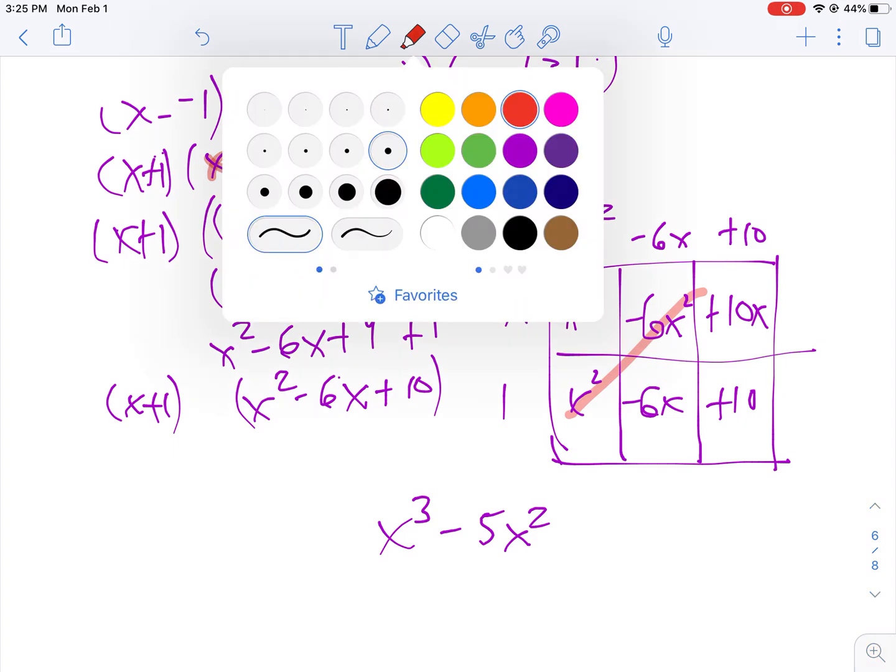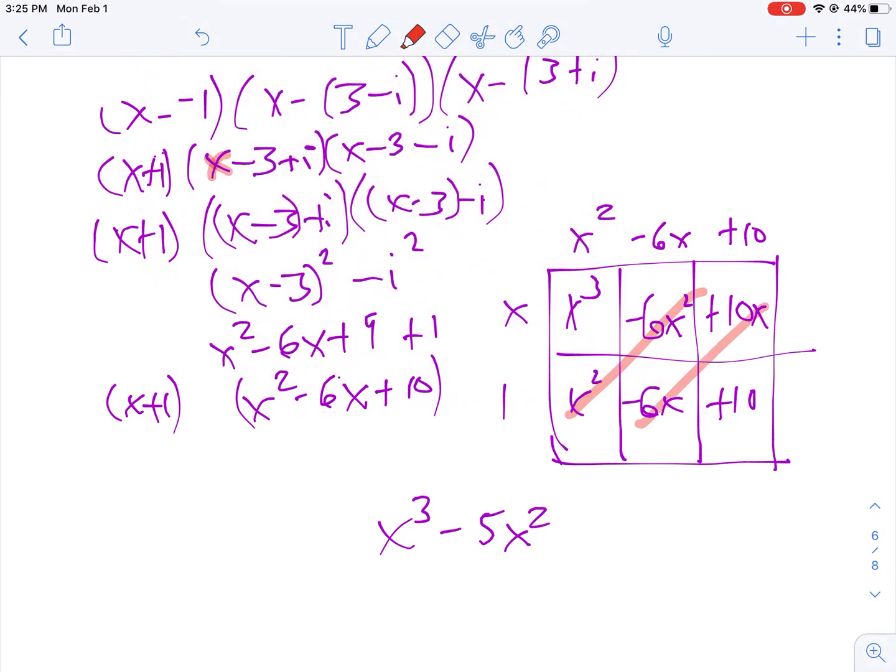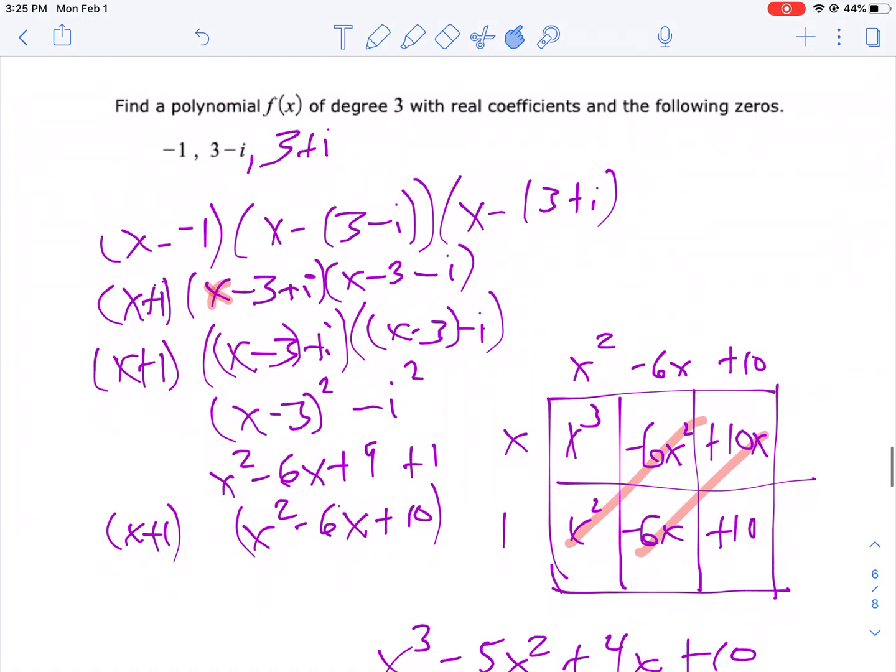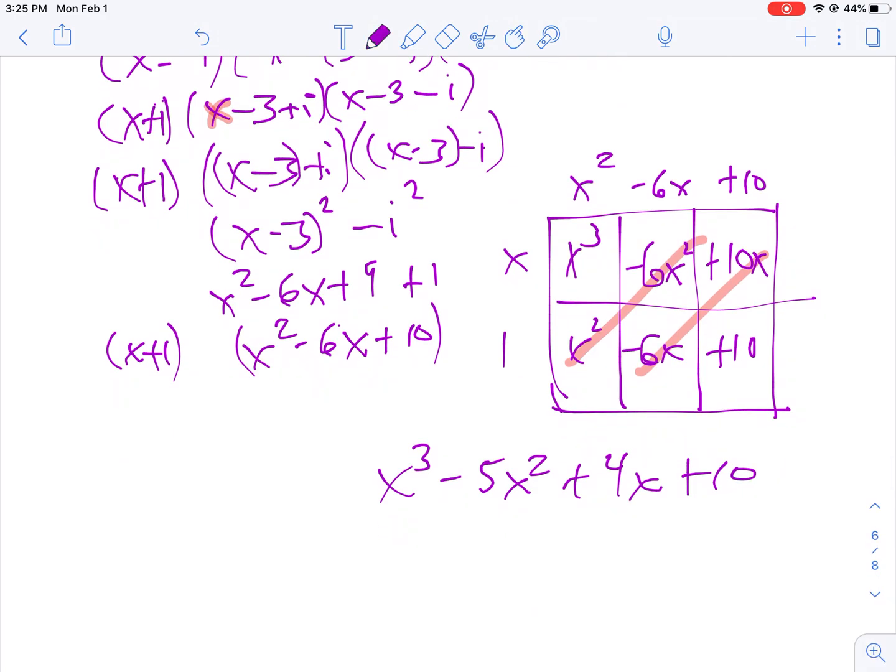And then if I take 10 minus 6, I get positive 4x. So plus 4x plus 10. That polynomial will have those roots. So f of x equals x cubed minus 5x squared plus 4x plus 10.